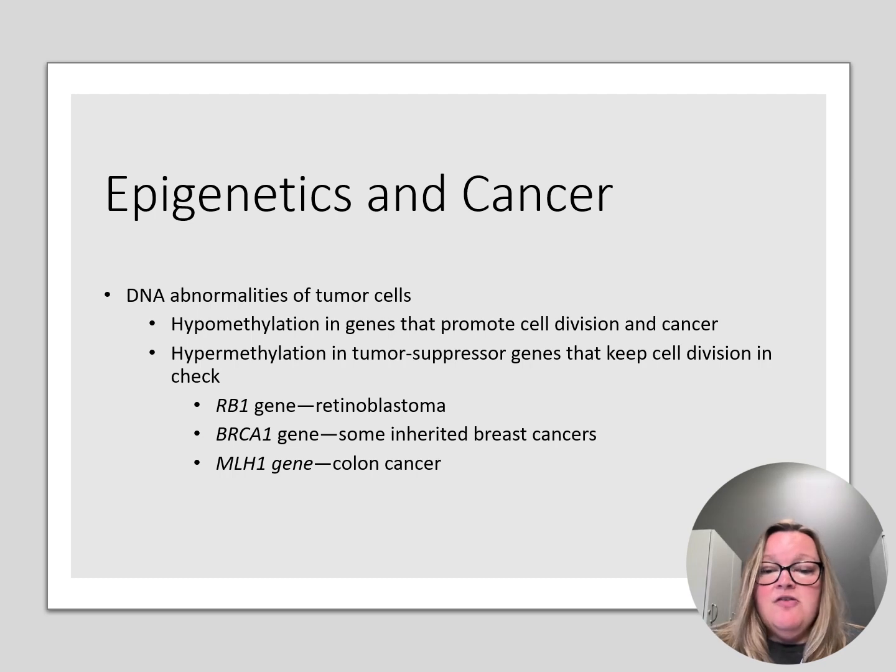In other words, those genes are silenced because they are methylated. I want to stress here more and more, we're realizing that the environment plays a huge role in epigenetics and therefore the development of cancer as well. We see this in the BRCA1 gene, for instance, something that doctors can check as an inherited breast cancer gene.